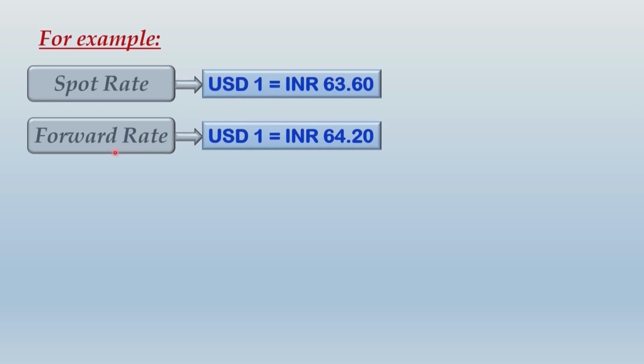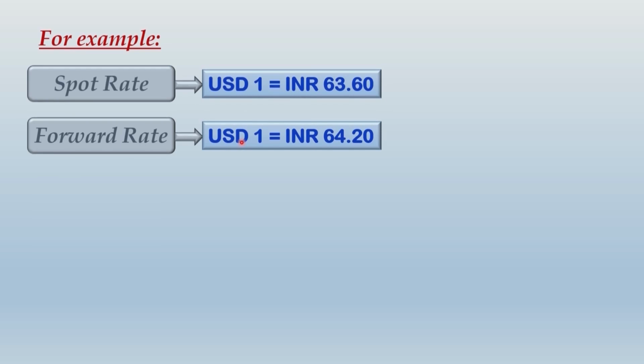The price of the dollar in the forward rate is higher than the spot rate. In that case, the quoted currency, that is the US dollar, will be considered to appreciate, and the other currency, that is the Indian rupee, is considered to depreciate. So I told you 1 minute back, the right way would be to mention that the US dollar is appreciating against the Indian rupee and the Indian rupee is depreciating against the US dollar.